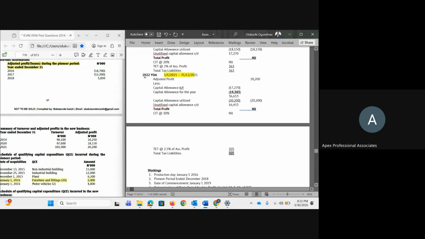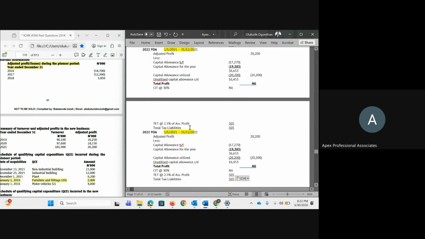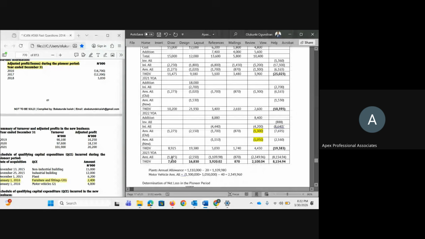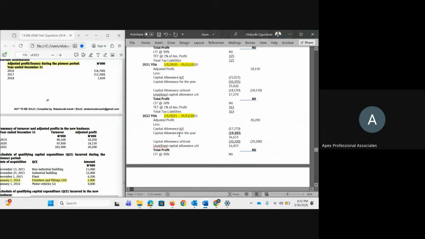Then in 2022, 2023 now. What's the adjusted profit? I think we computed it by ourselves now.